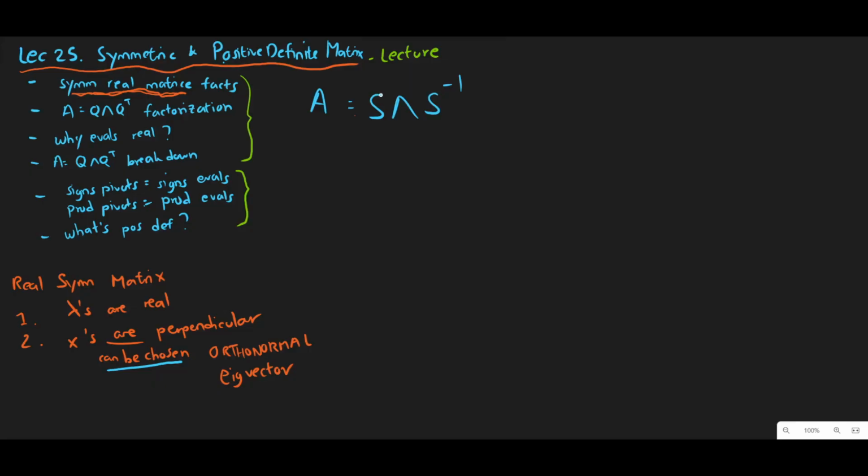This is the eigenvector matrix S, this is the eigenvalues matrix, and this is the inverse of S. But knowing that we can actually choose orthonormal eigenvectors, when we have orthonormal columns in the matrix, then we are talking about the matrix Q, right? That's the definition of an orthogonal matrix: a matrix whose columns are orthonormal.